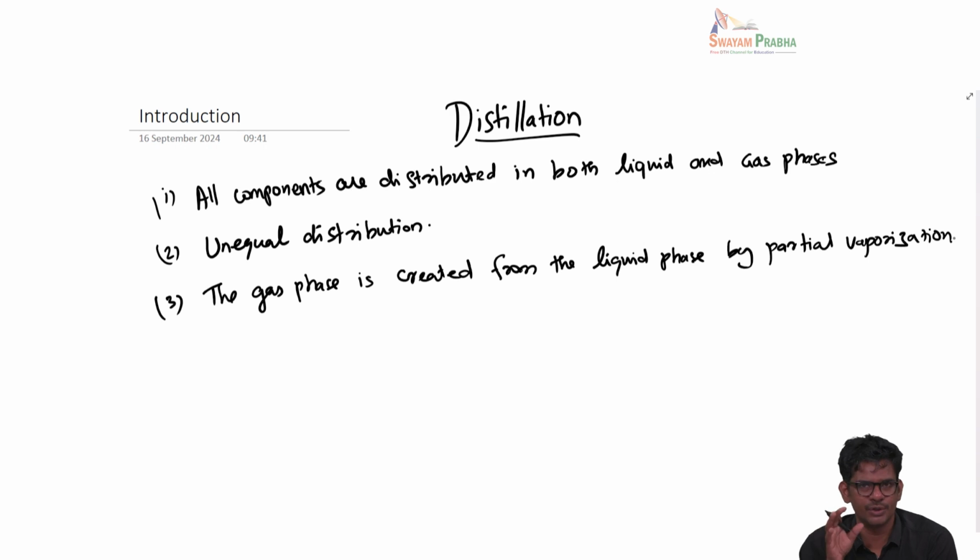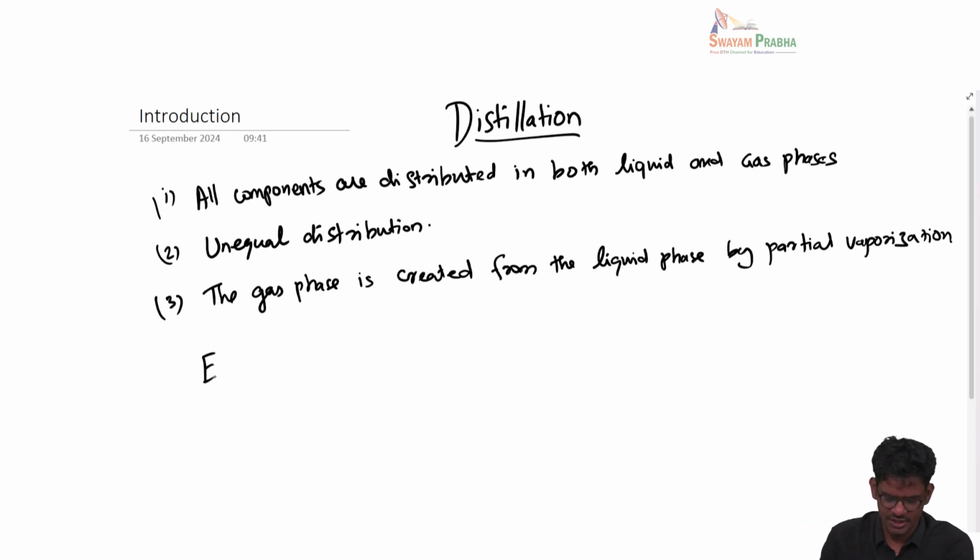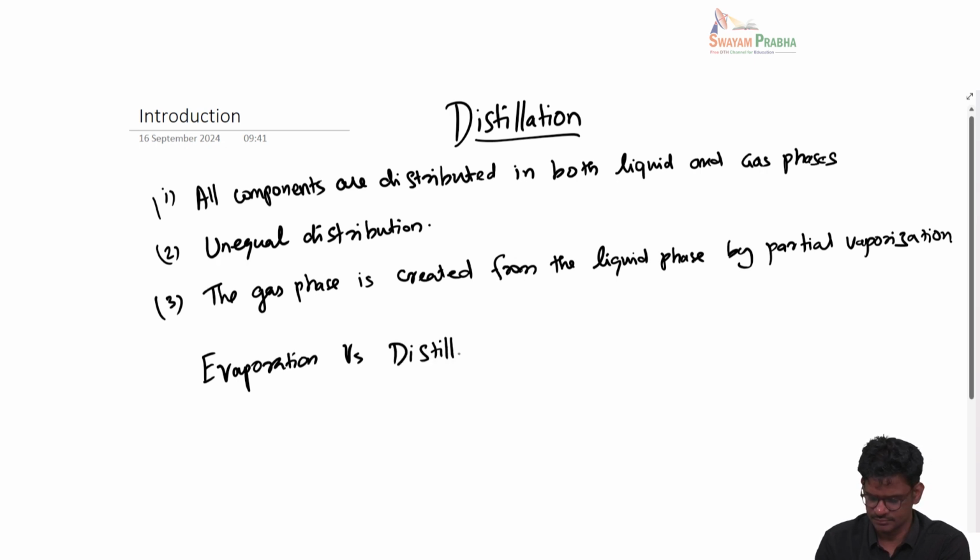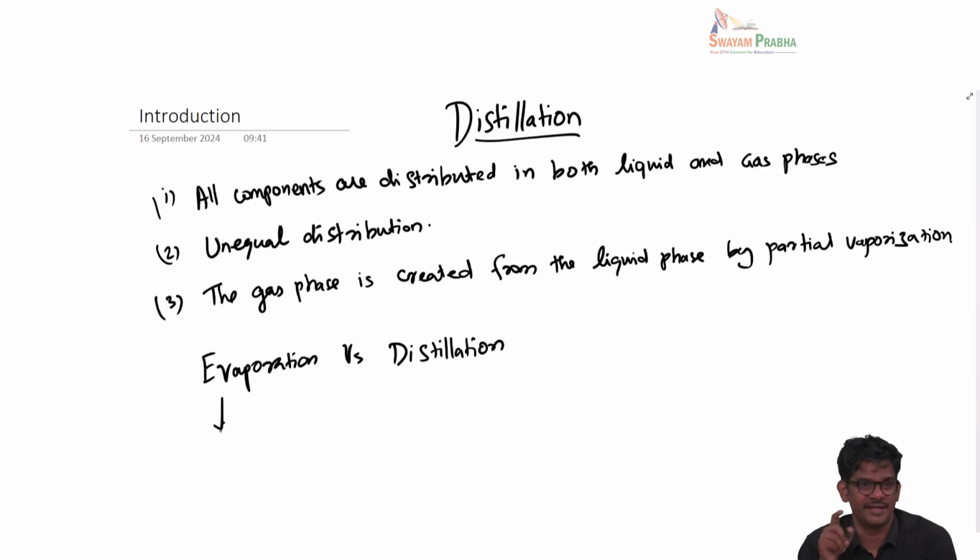Now, we also have to distinguish distillation from other similar processes such as evaporation. In evaporation, one of the components will be non-volatile. To give an example, if you take an aqueous salt solution and then you evaporate the solvent, in the gas phase only the solvent will be present.